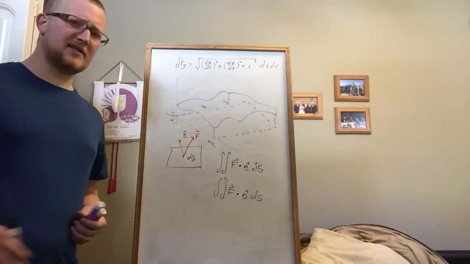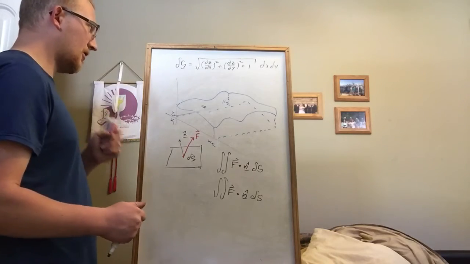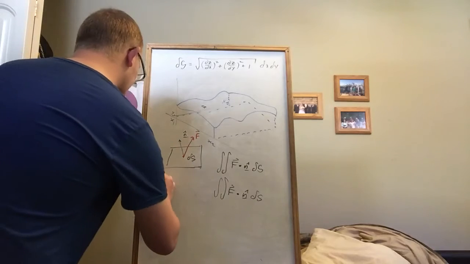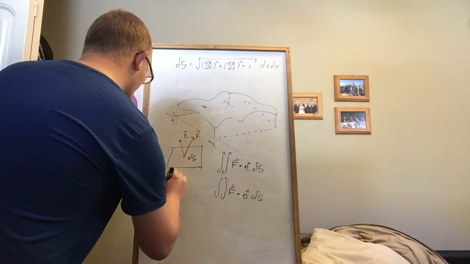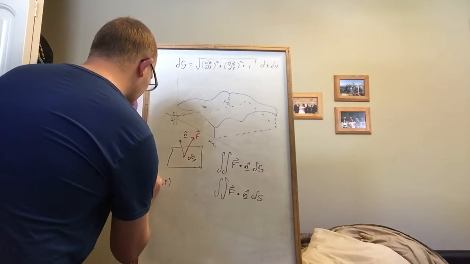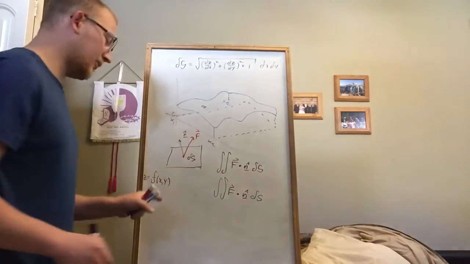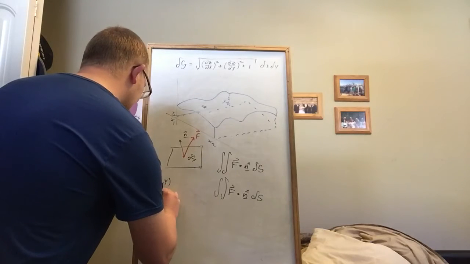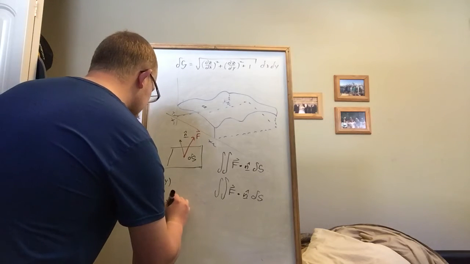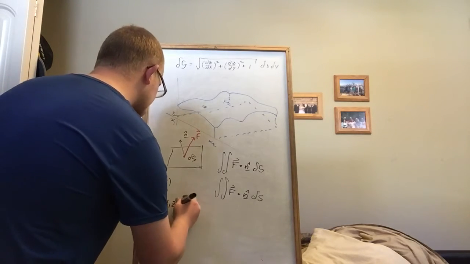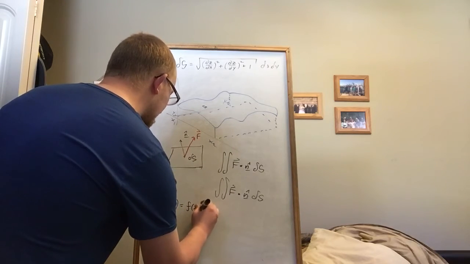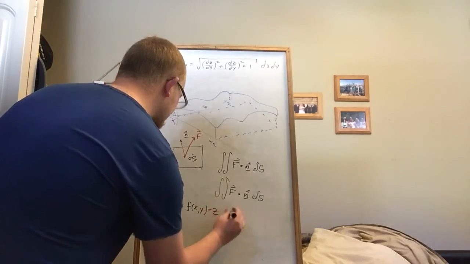Now, how do we find this normal vector? You'll recall that with a function f of x and y equal to z, we were able to subtract z over to the other side and call this a function F of x, y, and z equal to f of x, y minus z.